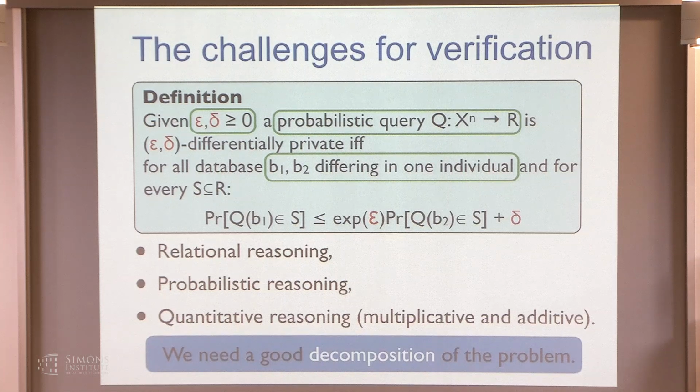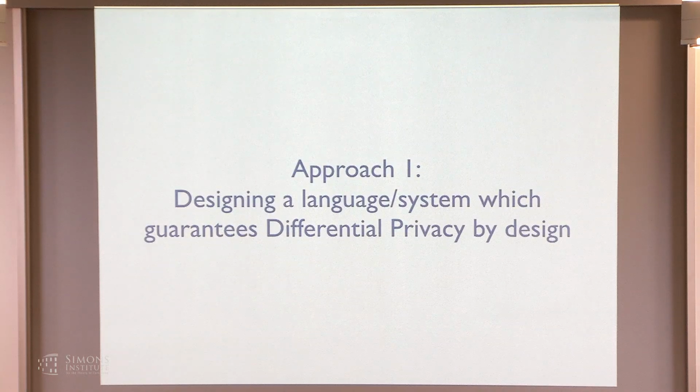So we need a good decomposition of our problem that addresses these kinds of properties. All right. So now let's see what people have done in this direction. Being a mini course, I will present work by many people in the community. I hope I will give the good references, but please stop me if there is something unclear.